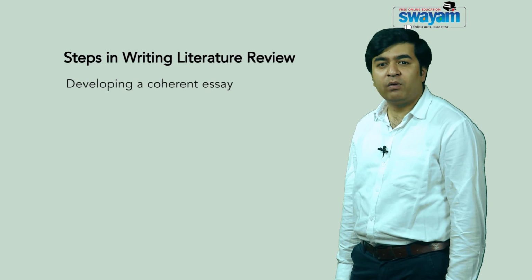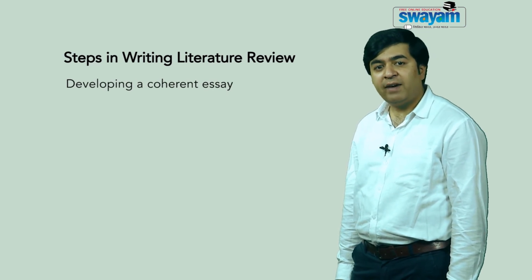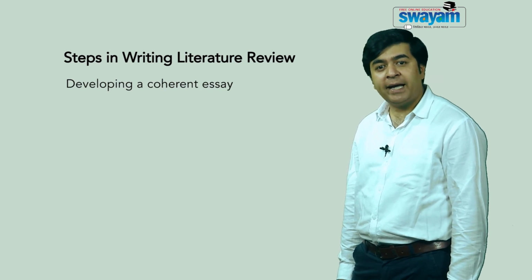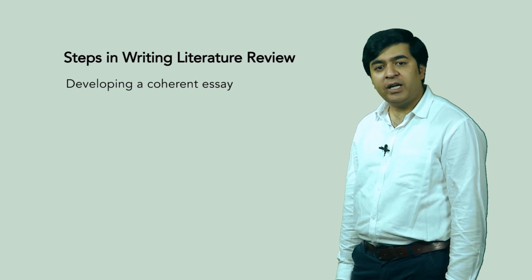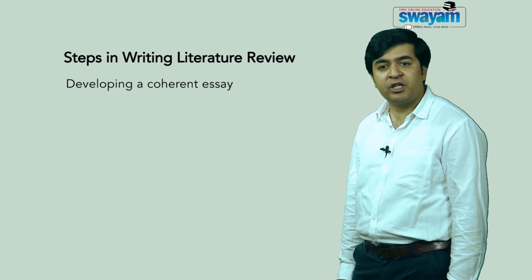Next and last step of literature review is developing a coherent essay. Finally, the reviewer has enough organized content to write and shape the literature review in the current study. While developing a coherent essay, Galvan suggests including coverage and exclusion in the beginning of the literature review.